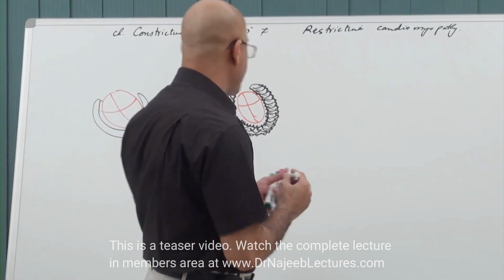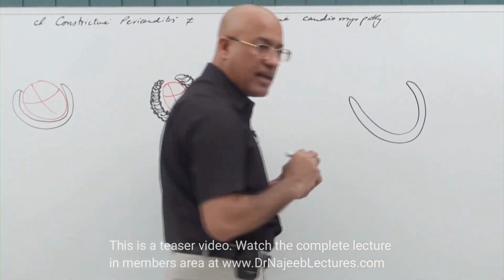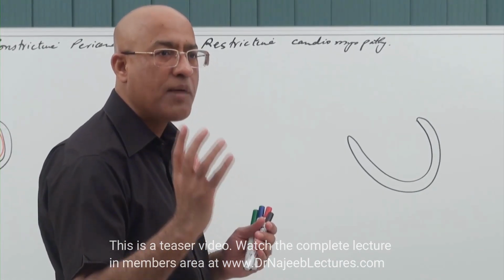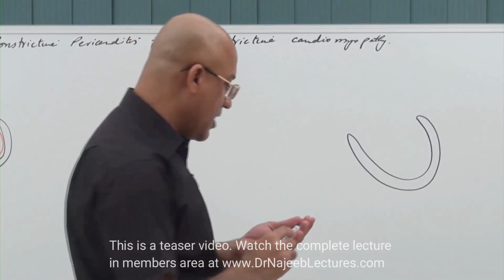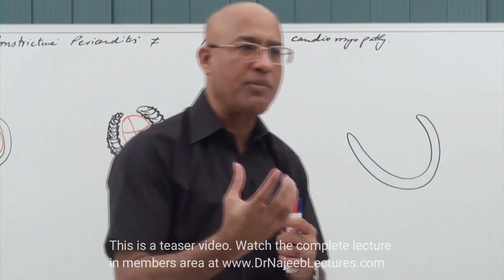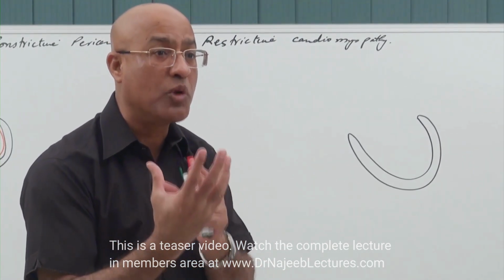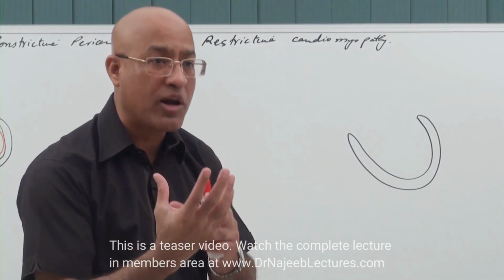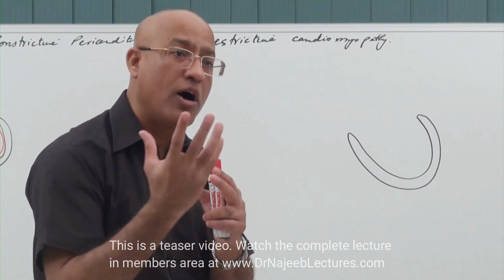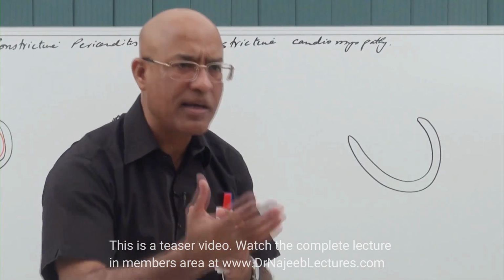In restrictive cardiomyopathy, what really happens is that the pericardium is normal. Actually, restrictive cardiomyopathy is primarily a disease of the myocardium. The myocardium becomes abnormal, right? Either fibroelastosis occurs in the myocardium, or it has abnormal infiltrations or accumulations, like the myocardium may be filled with amyloid proteins, or hemochromatosis iron deposits, or it may have some immunological process like sarcoidosis, and there are many other examples.